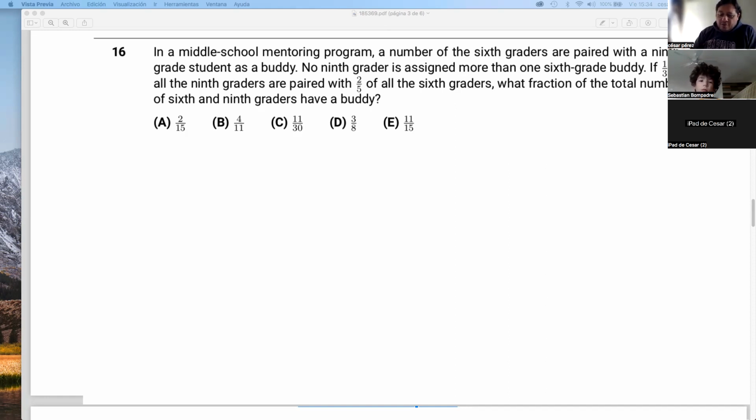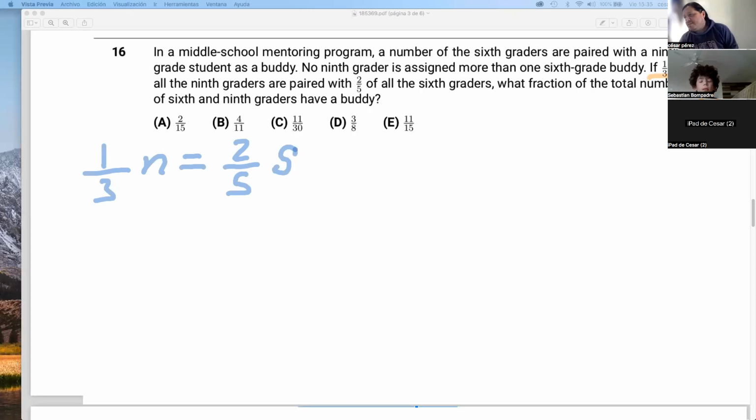So we have 1/3 of N. One third of N will be equal to 2/5 of S, the students of 6th grade. Okay? Do you agree with this equation?